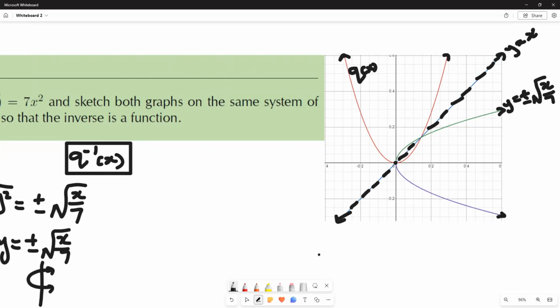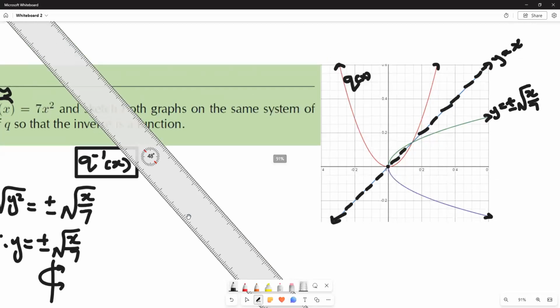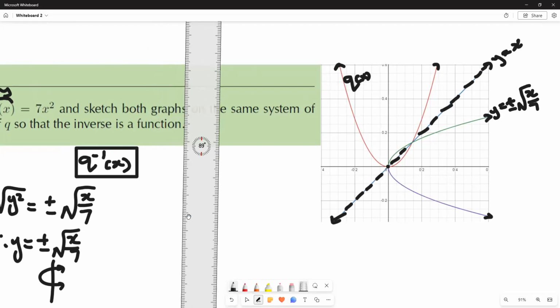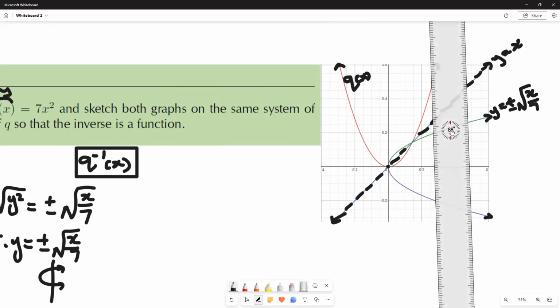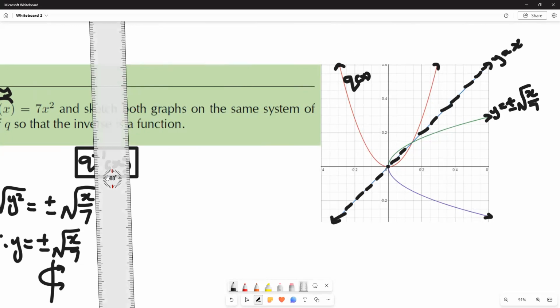So remember, let me show you something. The inverse is not a function. It fails the vertical line test because it touches there and there. So we want to try to make this guy a function. So you need to know which part goes with which.